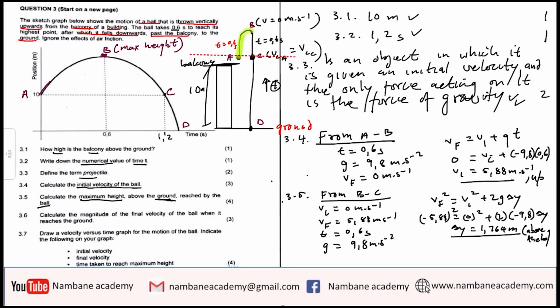So what must we say? You must now say height is just 1.764 plus 10. It will give you something like 11.76 meters, something like that.